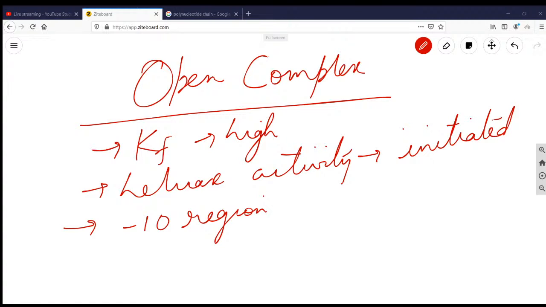It will cause a conformational change, and that will lead to a change in the kinetics. Kinetics means Kf increases the rate of the reaction.